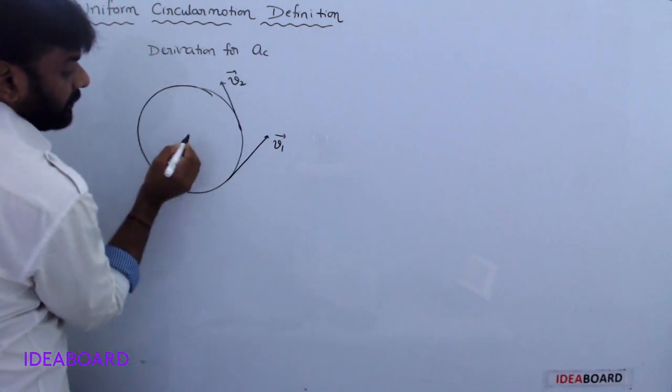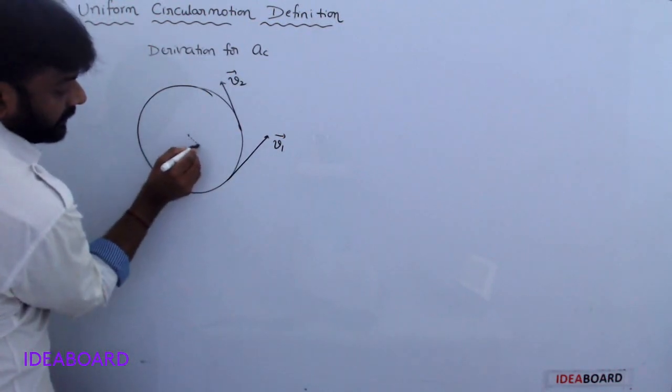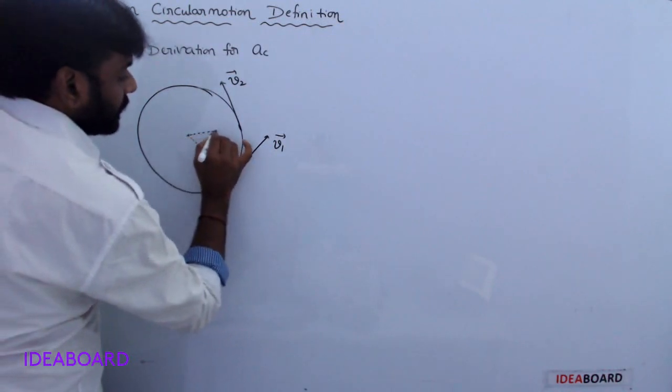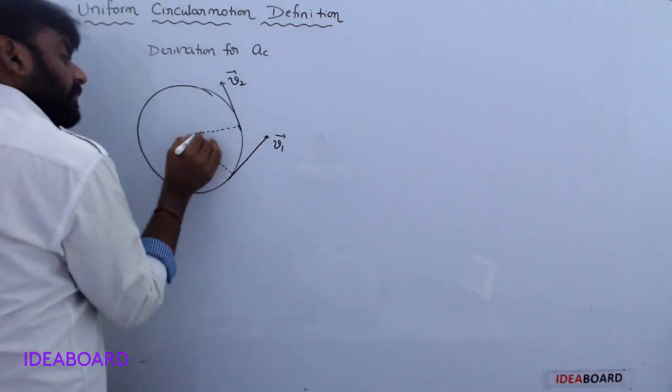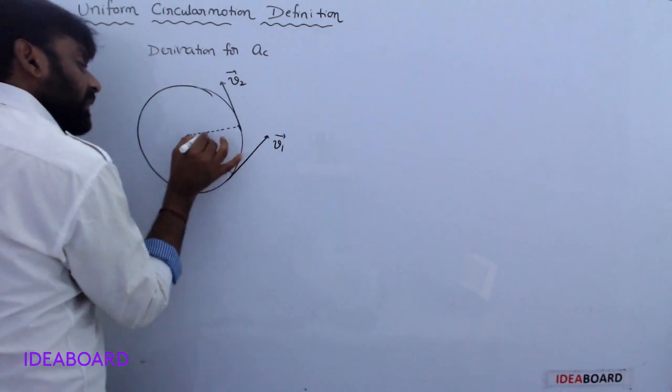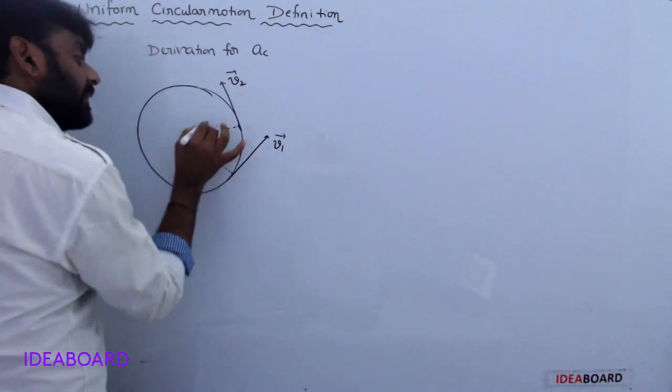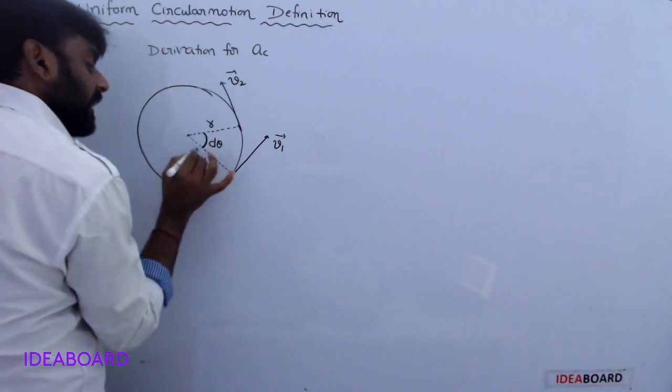From the center, these are the positions. Here a very small angle d theta, its radius is r.